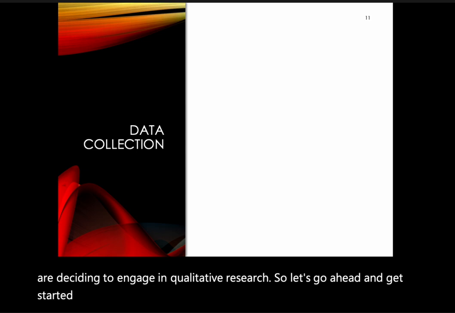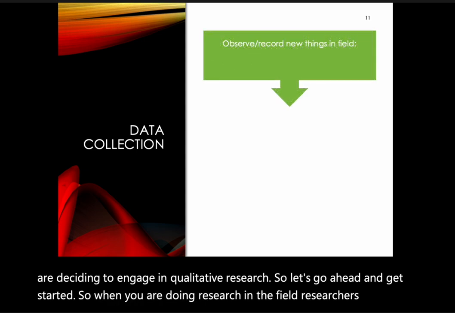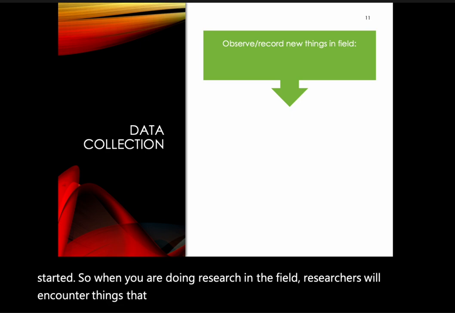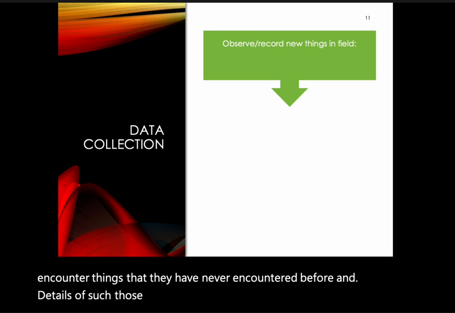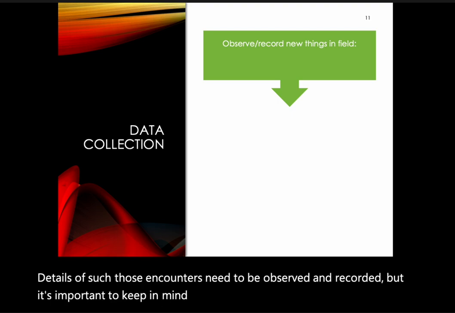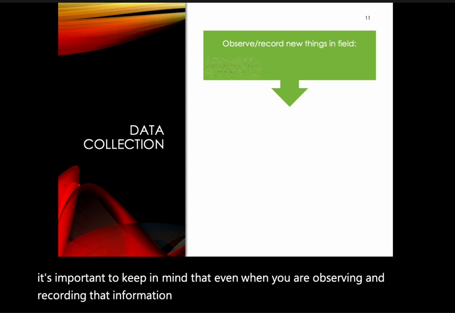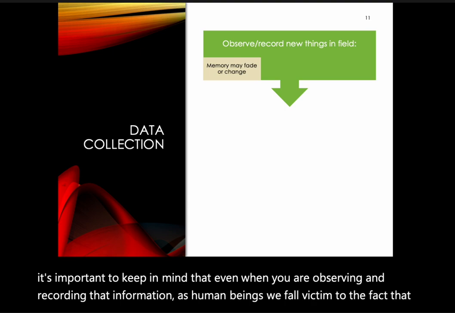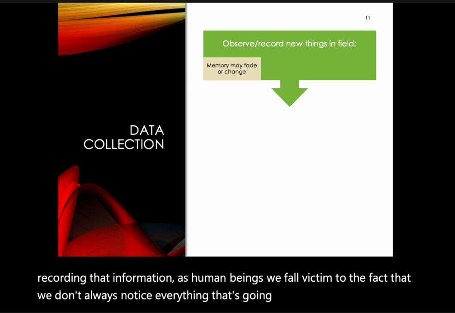So when you are doing research in the field, researchers will encounter things that they have never encountered before. And details of those encounters need to be observed and recorded. But it's important to keep in mind that even when you are observing and recording that information, as human beings, we fall victim to the fact that we don't always notice everything that's going on around us.